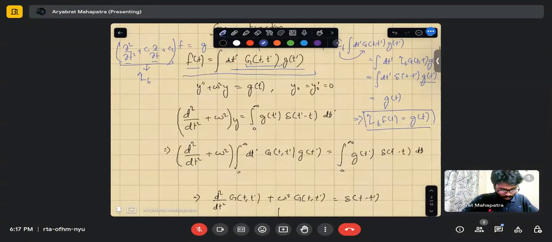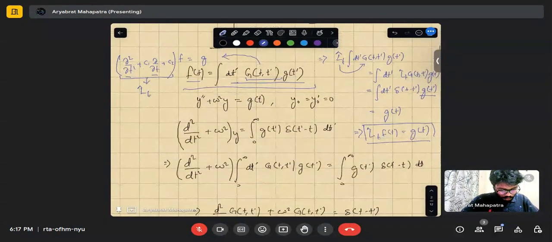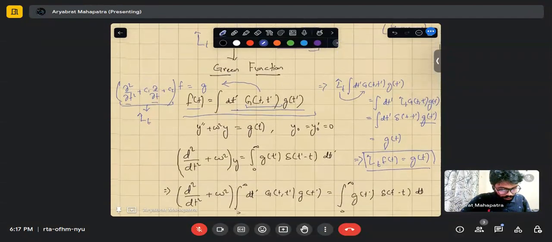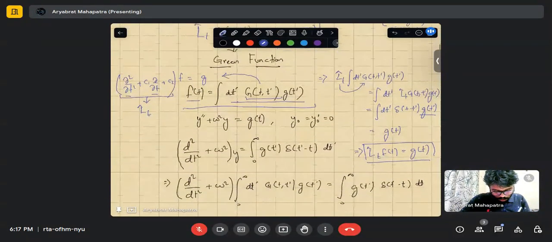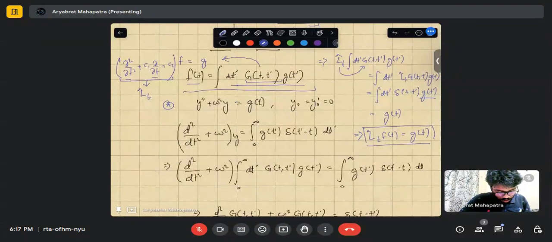So one such case we can move on to, by understanding this kind of differential equation which I've given here. Let's say you have a differential equation y double prime plus omega square y equals g of t, and its initial conditions.